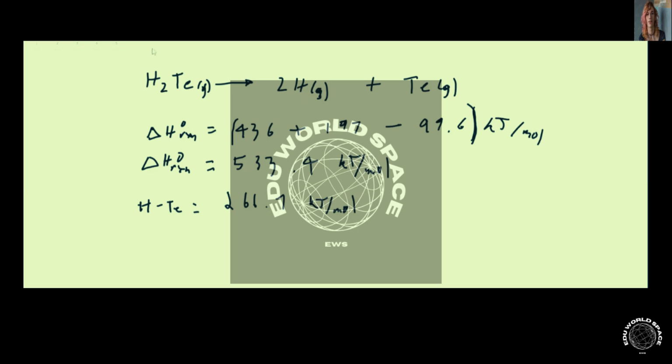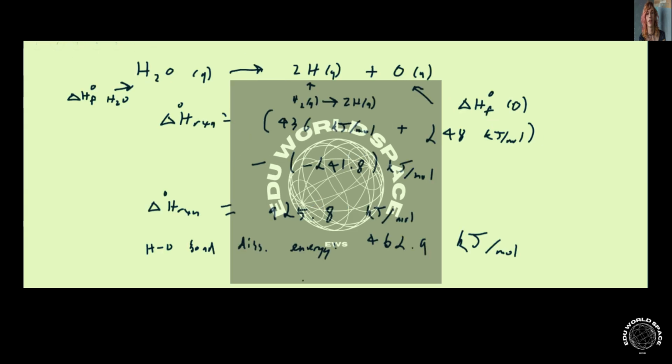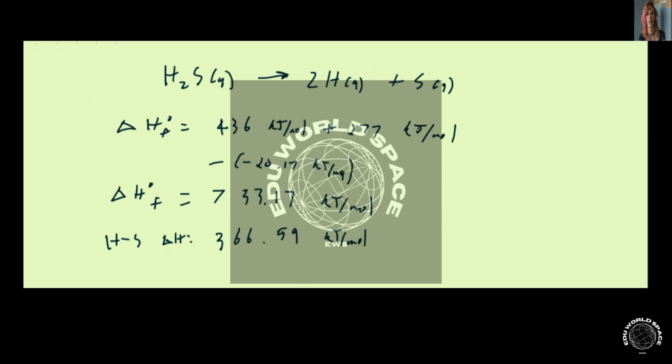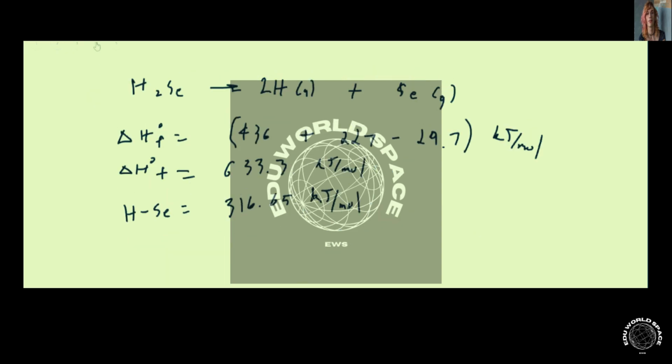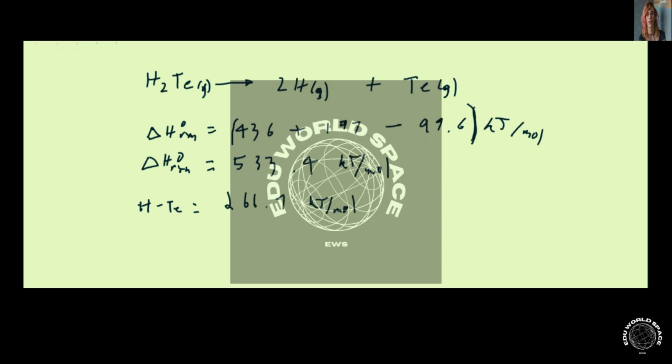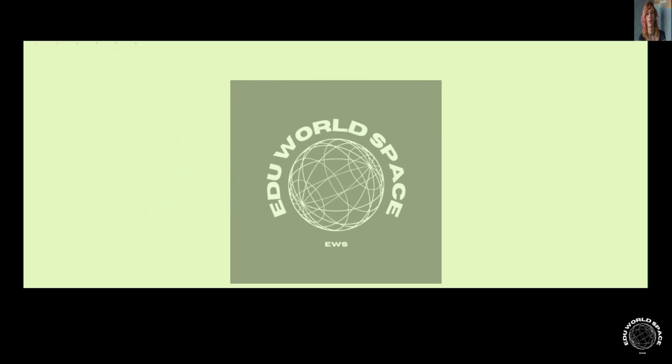Okay, so now we've got all of our bond enthalpies. We've got the HO bond dissociation energy of 462.9 kilojoules per mole. Then we've got HS at 366.59, HSe 316.65, and HTe at 266.7. So let's just round up all of those answers into one place so that we can have a good look at them.